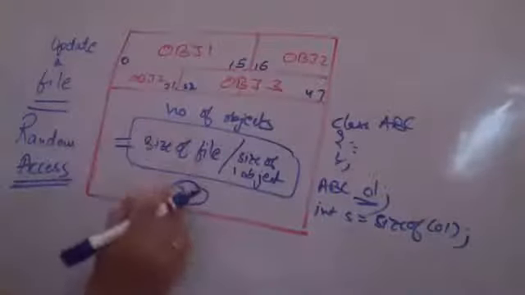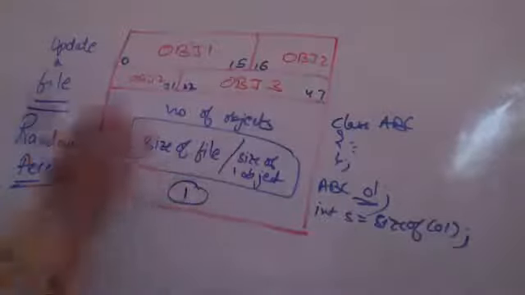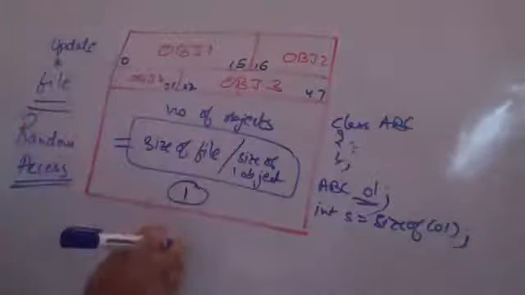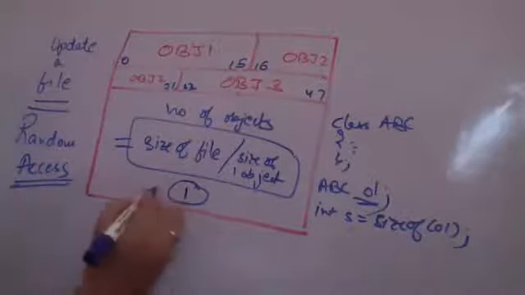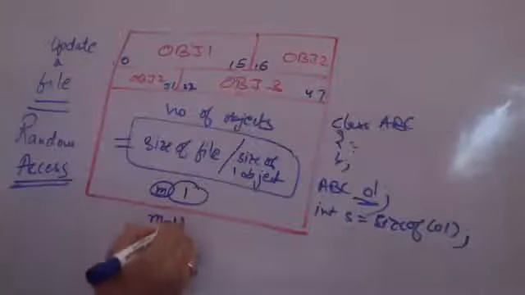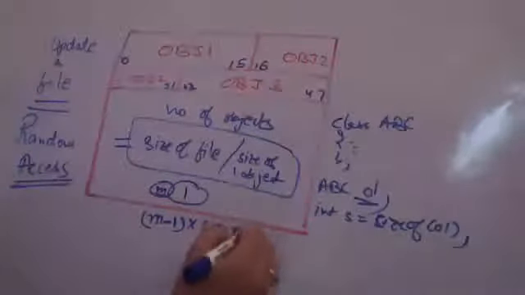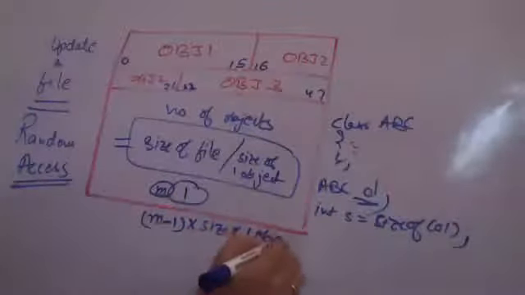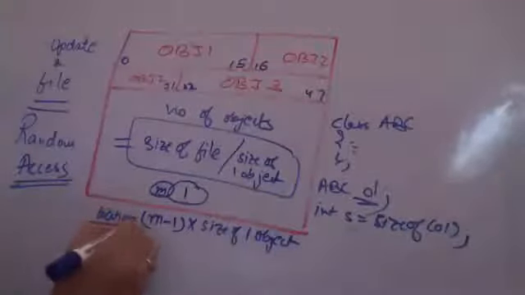I'm just telling you how they are going to be stored. Now, supposedly I want to go to roll number 1. What is roll number 1? The 0th byte. So if I want to go to the mth object, then it is m minus 1 multiplied by the size of one object. This gives me the location or address of the mth object in my file.